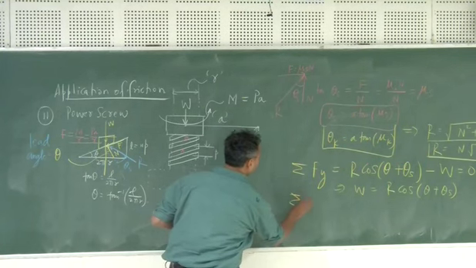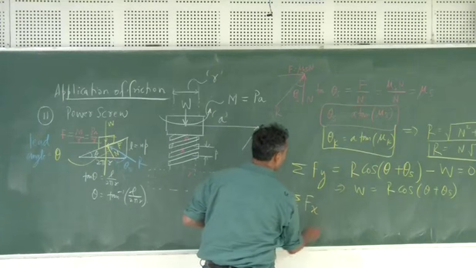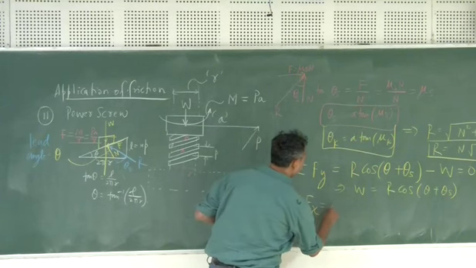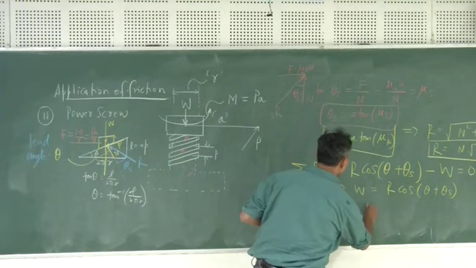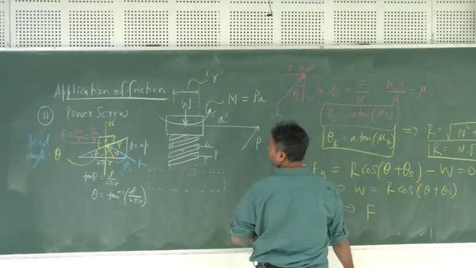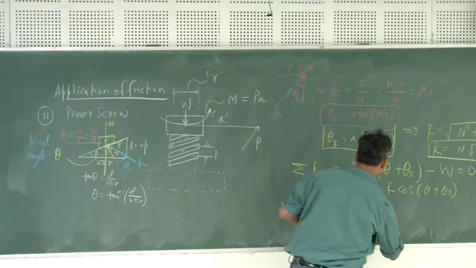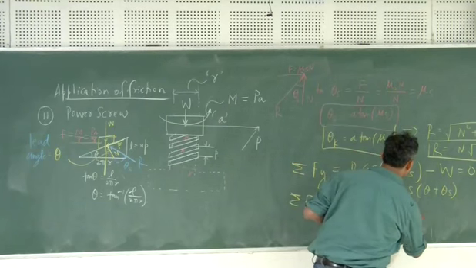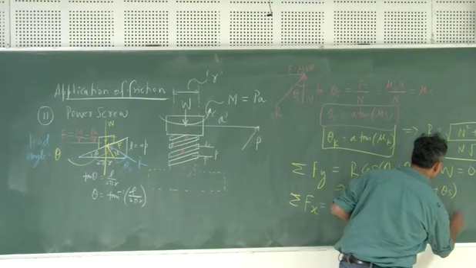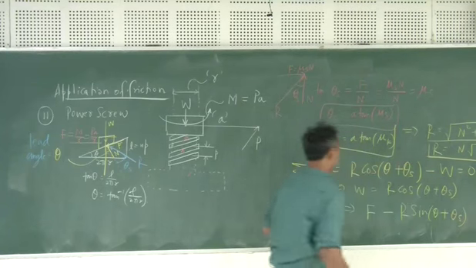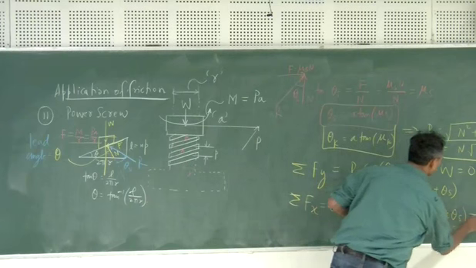Now if you write down the equilibrium of forces along the x direction, you will see that F minus R sine of theta plus theta s equals 0.